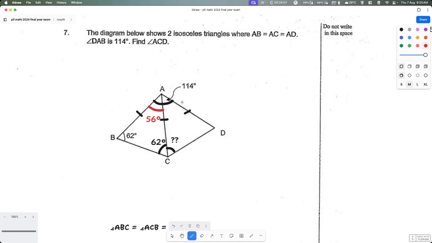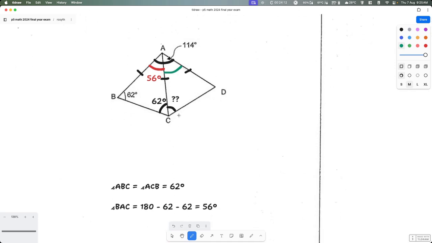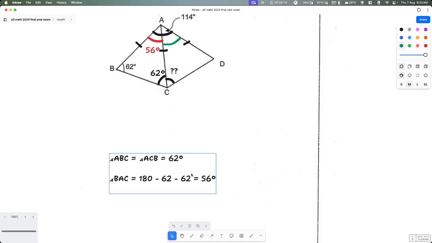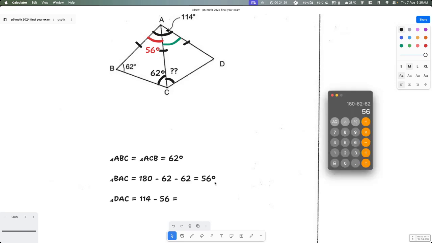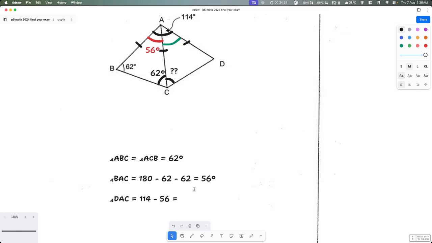Then we can get this angle over here as well. So from here, angle DAC is equal to 114 minus 56. This will give us 58 degrees. Okay, so I'm going to copy and paste, put in green, 58 degrees.